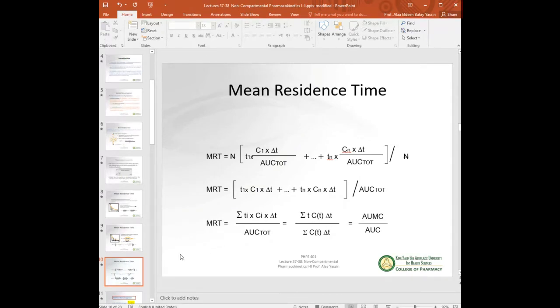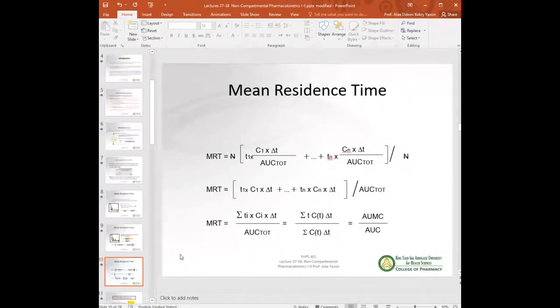The mean residence time is very useful to estimate the duration of action of a dose, because as you know, we adjust the dose regimen based on the elimination half-life.